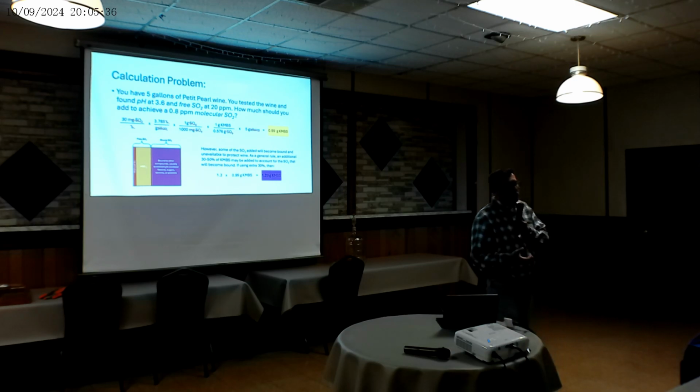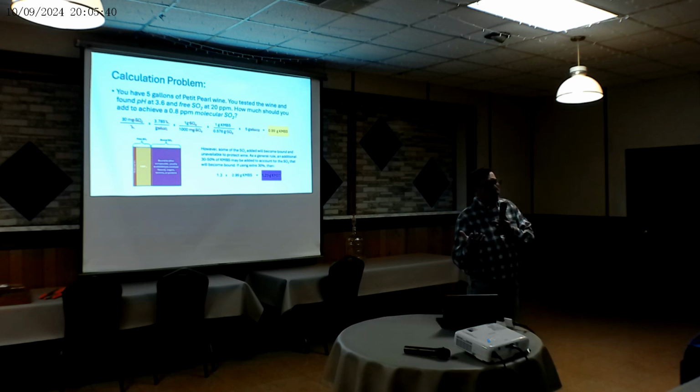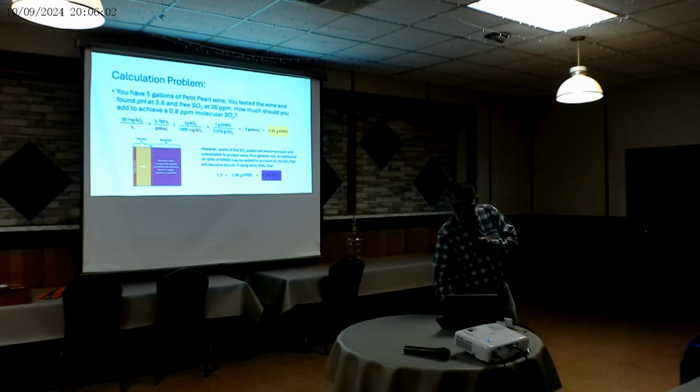But as a general rule, it's okay to add an additional 30 to 50% of what you estimated. I typically stay on the conservative side, so I add an additional 30%. So I just multiply that number by 1.3.